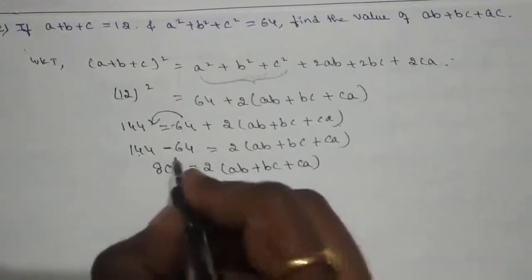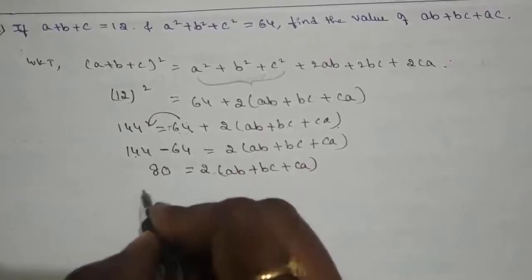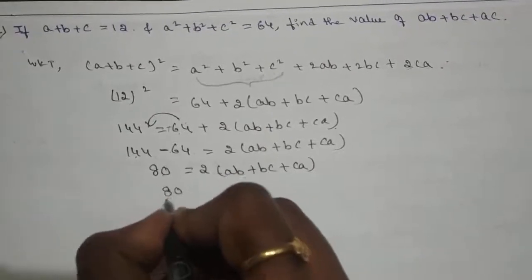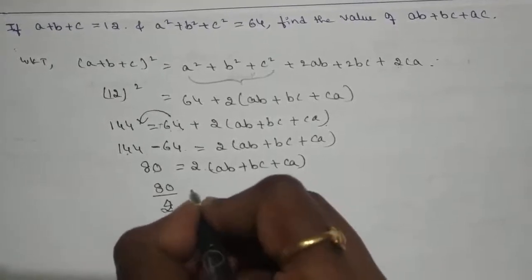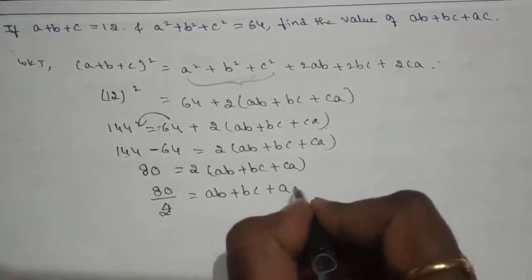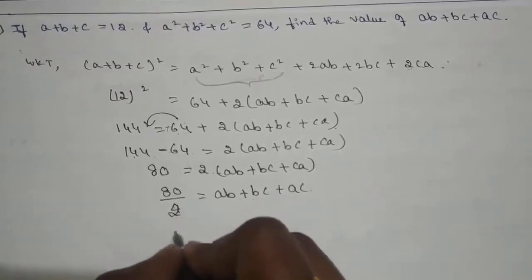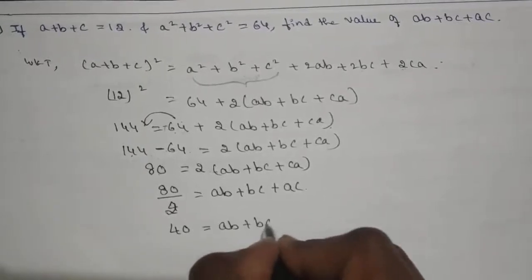Now you check how it is related. It is related under multiplication. Multiplication changes to division. Then 80 by 2 is equal to ab plus bc plus ac, or ca. Then 80 by 2 is 40, which is equal to ab plus bc plus ac.